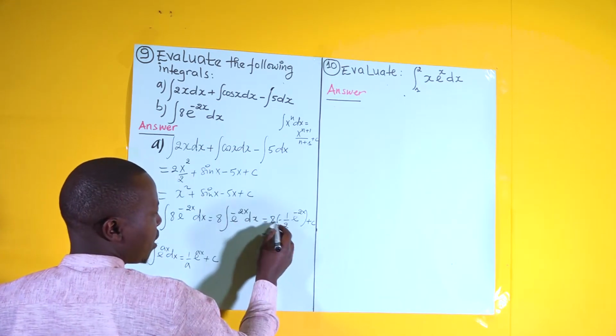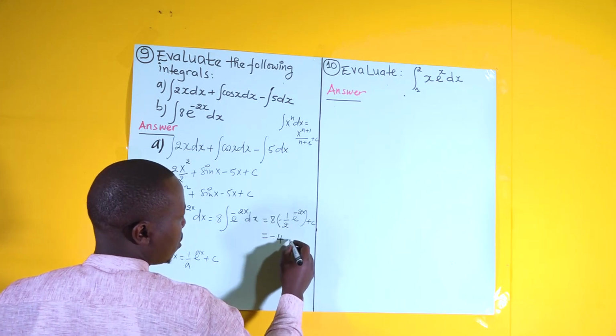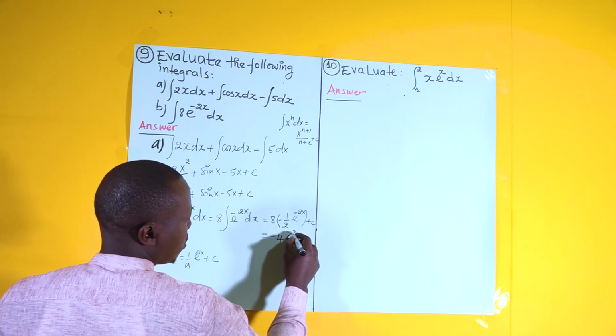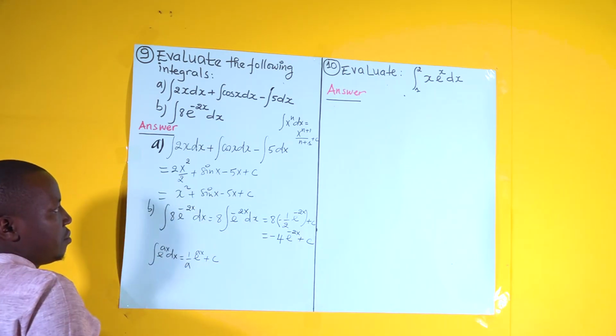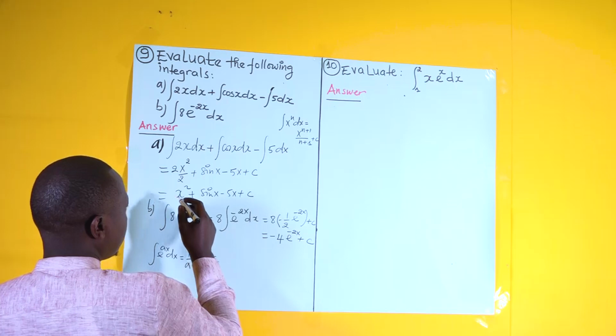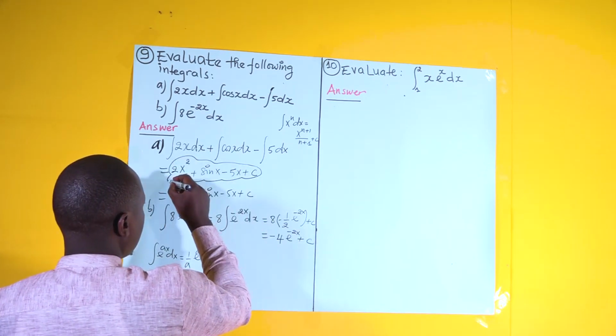So when you simplify 8 by 2, we remain with negative 4e to the power negative 2x plus a constant. So this is the answer for that question.